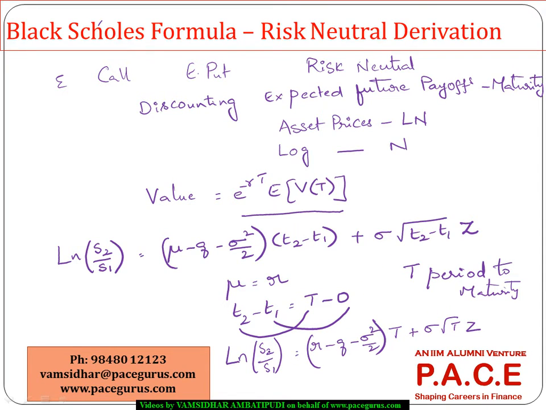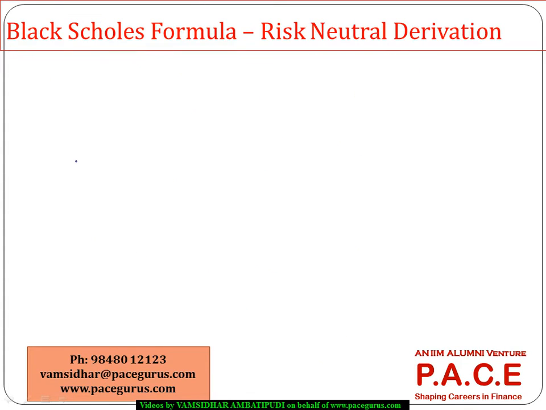Because I have made T2 and T1 already, I can call this ST divided by S0. So that is the first equation I am going to get: log ST divided by S0 equals r minus q minus sigma squared by 2 times T plus sigma root T times Z. From here I can simplify.